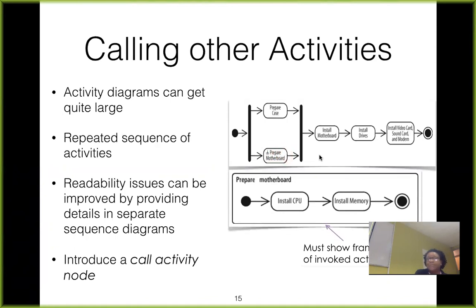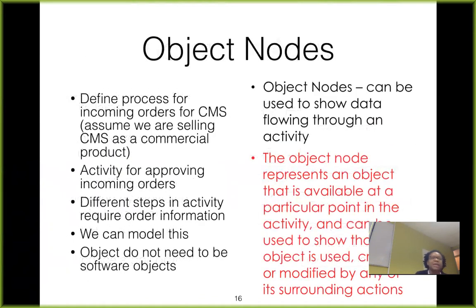But sometimes it might just look like too much. It might make the diagram more crowded because you could have other forks. Prepare motherboard could have many steps in there with decisions and merges and forks and so on. So instead of adding additional complexity to this activity, we separate out that part into another activity. So it's easier to read.